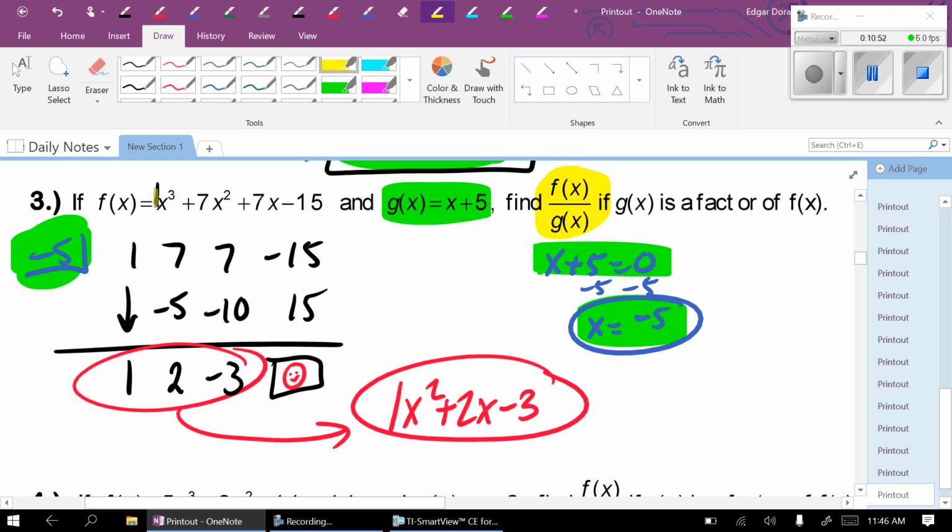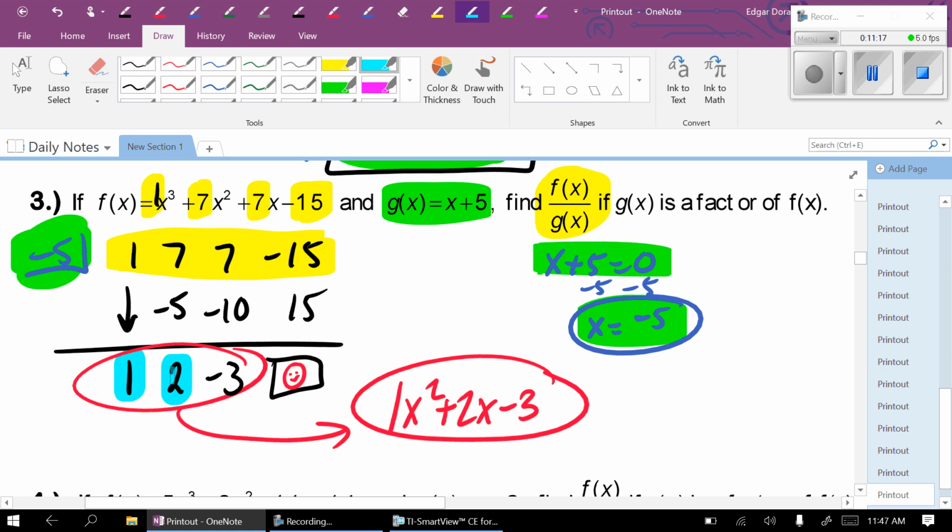After that, I went ahead and found all my coefficients for my f of x function, and I wrote them down. And then remember, guys, we drop the first box the last, so I dropped my first number, which was a 1, okay, which I actually placed right here, and I did -5 times 1 gave me -5, added the column, so 7 plus -5 gives me 2.